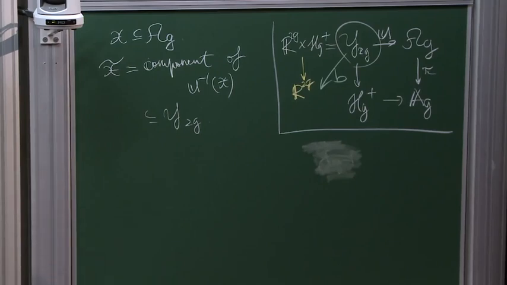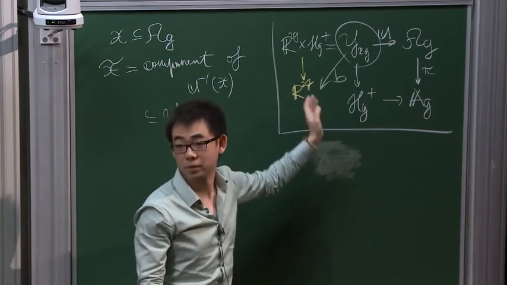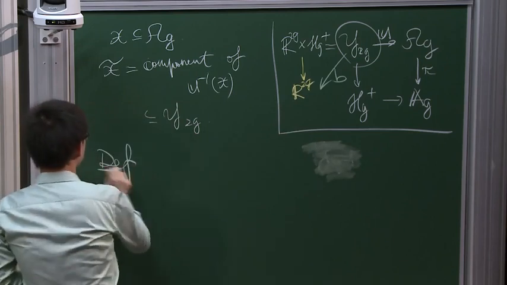This is something very simple, but it encodes the condition: we can read off non-degeneracy completely using this map. So I'll give the actual definition.